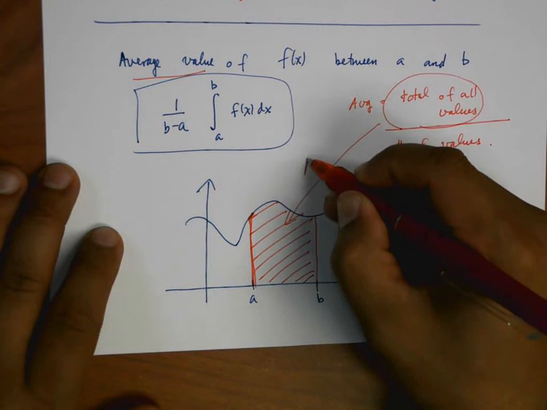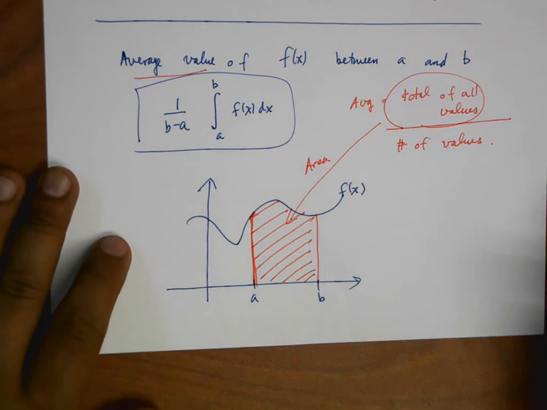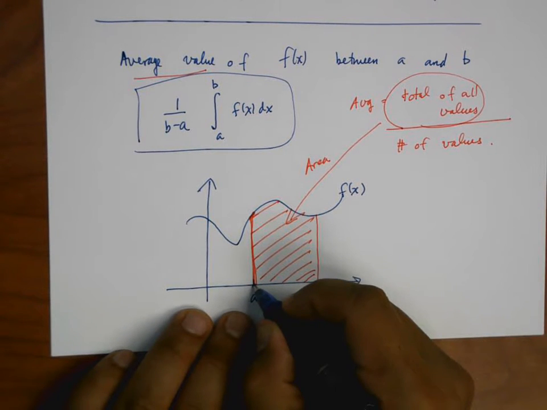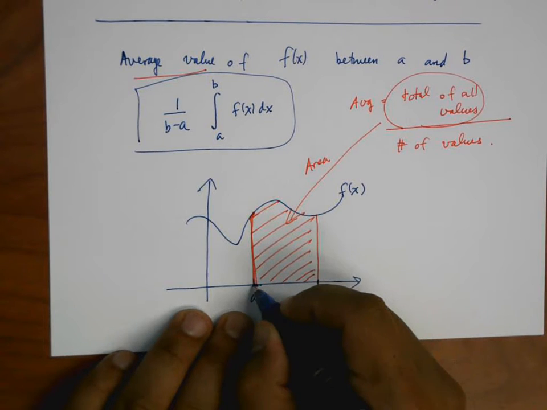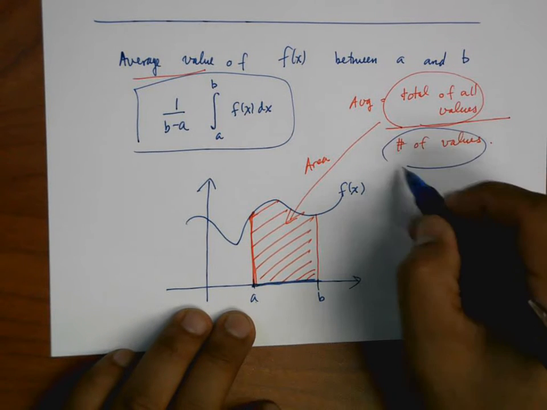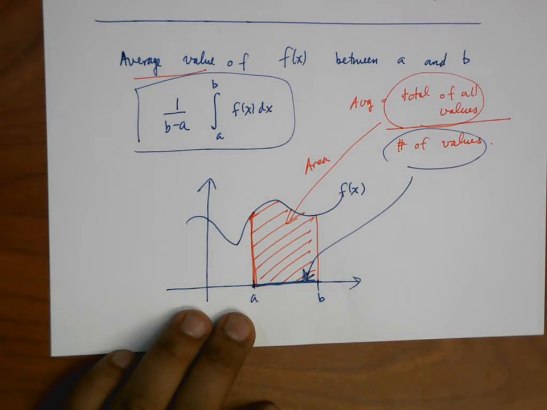So the total on top is the area under the function. The number of values, well, how many values are there? We could put a dot in front of all the values: a is a value, just next to a, just next to that, just next to that. So the width of this base here is the number of all values. That's the length of that line segment.